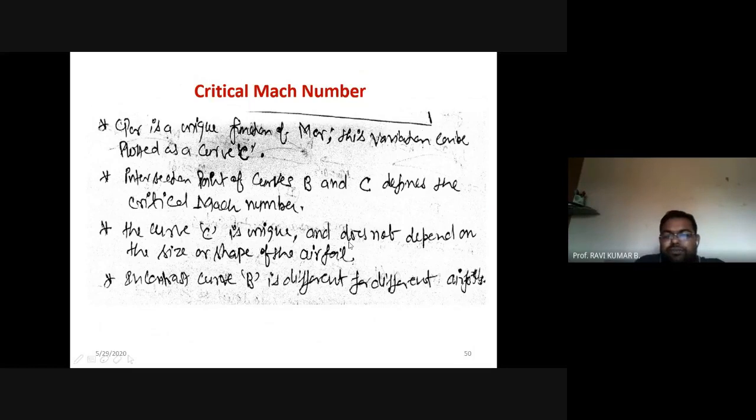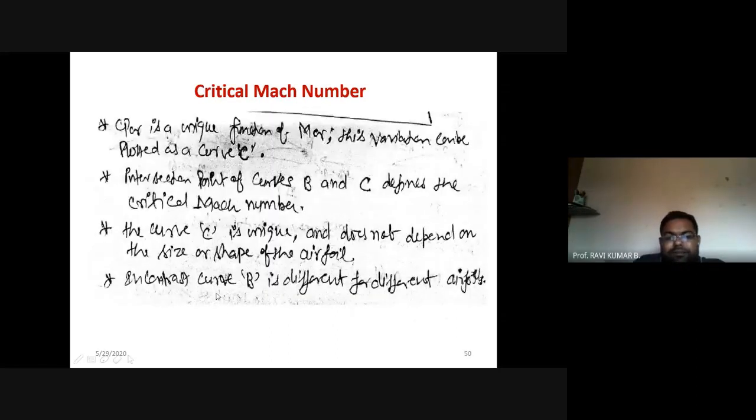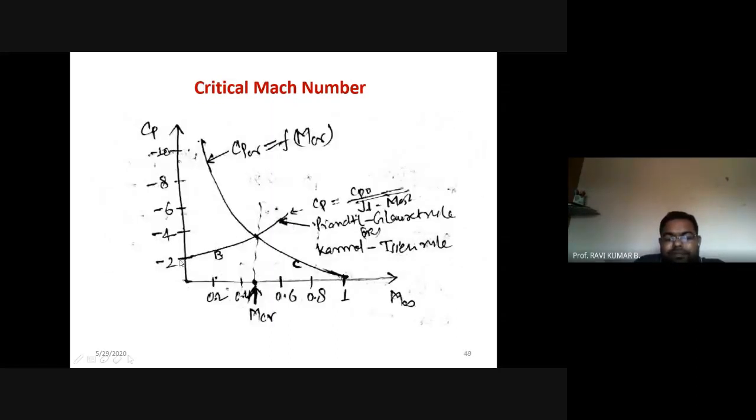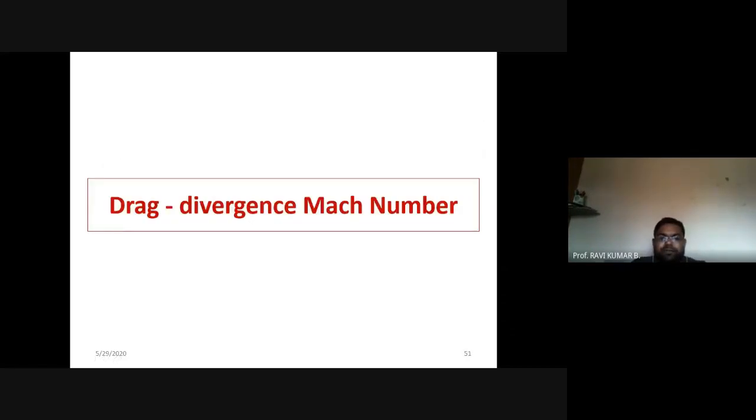The curve C is unique and does not depend on the geometry of the airfoil, right? While this curve D, where we are talking about compressibility and incompressibility around the airfoil, will be different for different airfoils. So this is the critical Mach number.